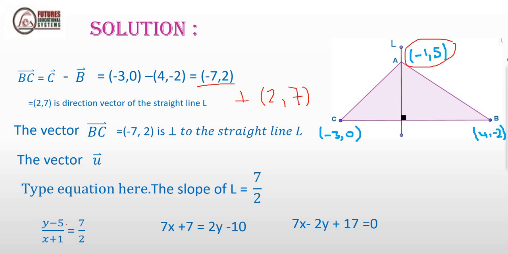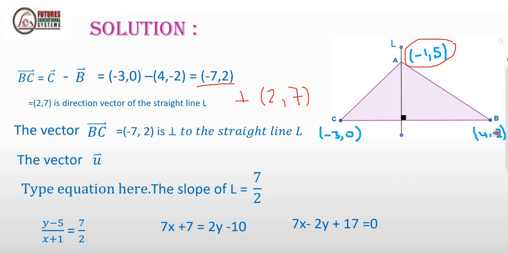The slope in this case: y minus y1 over x minus x1 equals slope. So y minus 5 over x minus negative 1 equals 7 over 2. Cross multiplication, 2y minus 10 equals 7x plus 7. Arranging the equation, we get 7x minus 2y plus 17 equals 0.